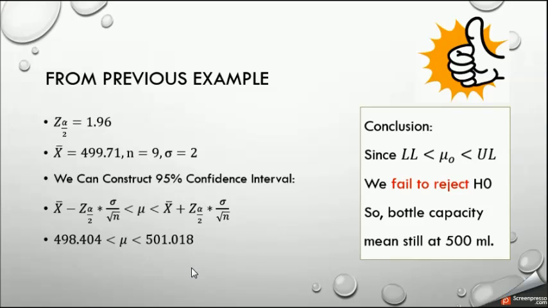But in our case, mu naught equals 500, which is included in our confidence interval, so we fail to reject H naught, the null hypothesis. So the mean value of the water bottle capacity is still 500 and has not changed to any other value.